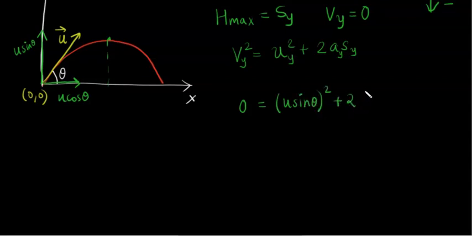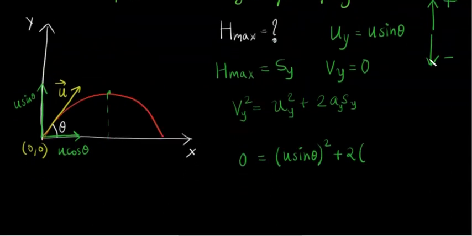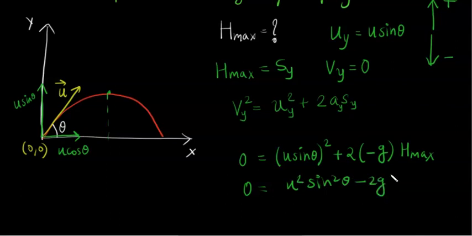plus 2 times ay. Since the acceleration due to gravity is in the downward direction, I will write it as minus g into h max, that is the maximum height. So now we will get 0 is equal to u square sine square theta minus 2g times h max.